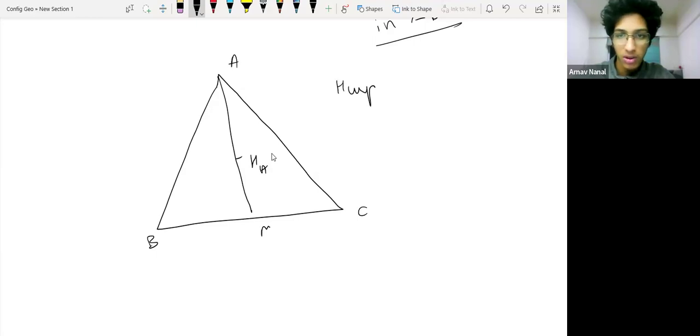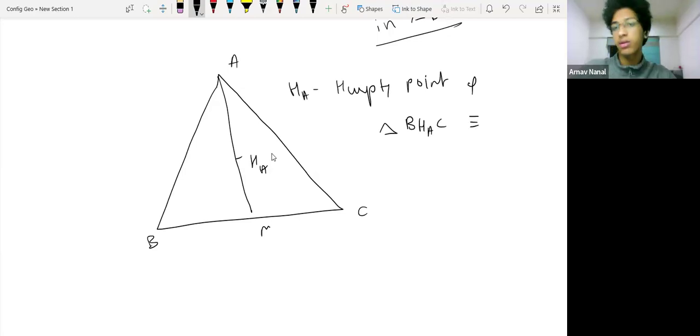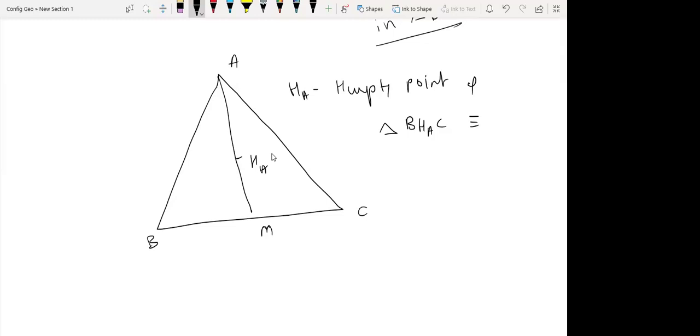What can you comment about the Humpty point of triangle BHAC? Is it A? Yes, that's true.